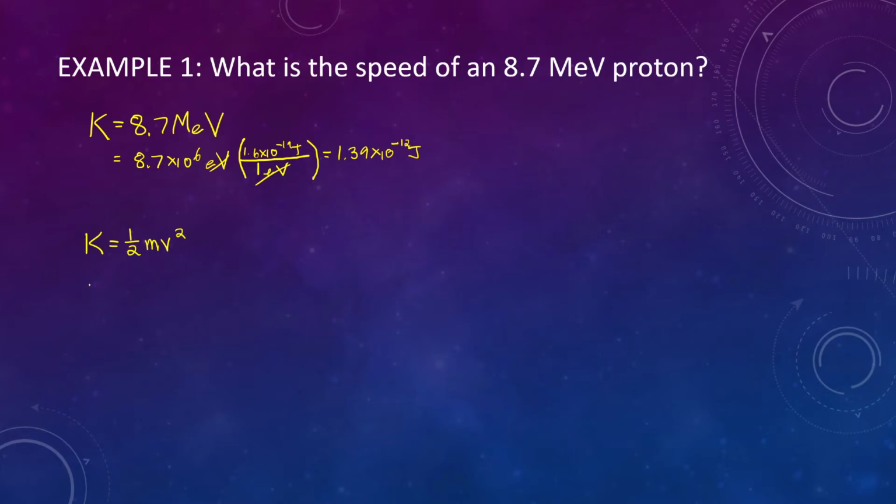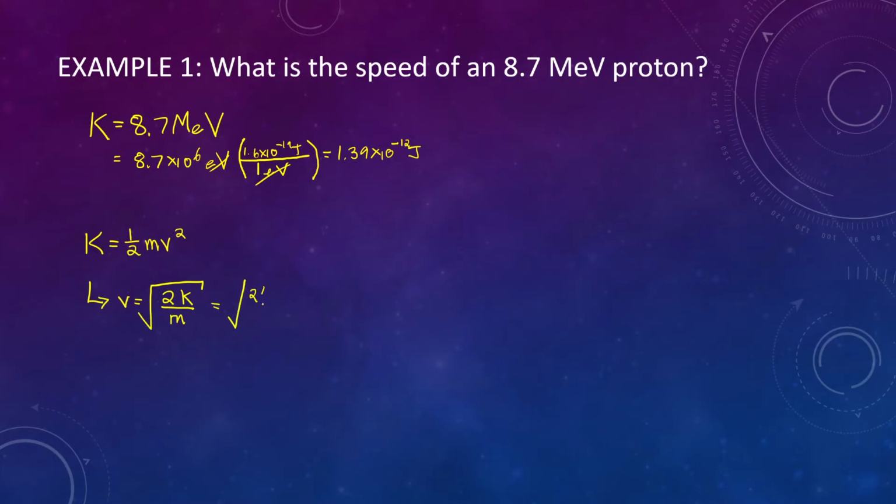So if we wanted to solve this for our speed, v, we simply rearrange that equation. We have 2 times K, that gets rid of the 1/2, divided by m, and then take the square root to get rid of the square. So we have the square root of 2K over m. We can plug in these numbers.